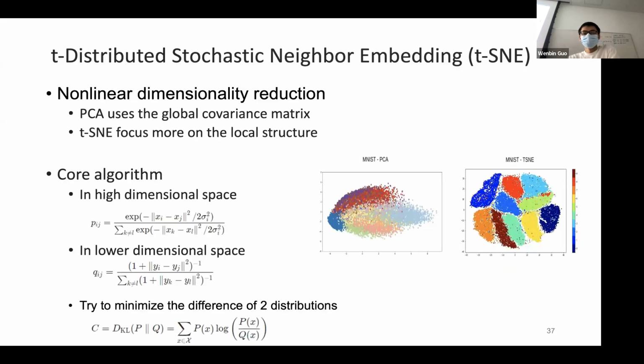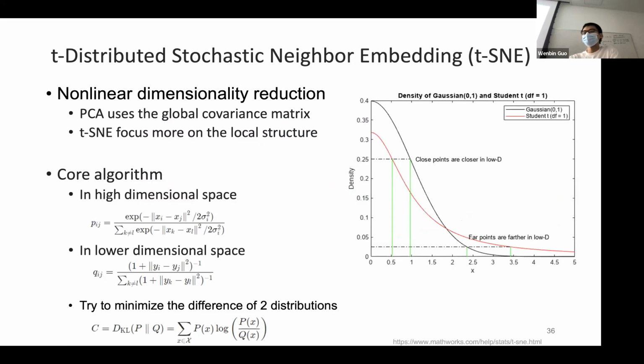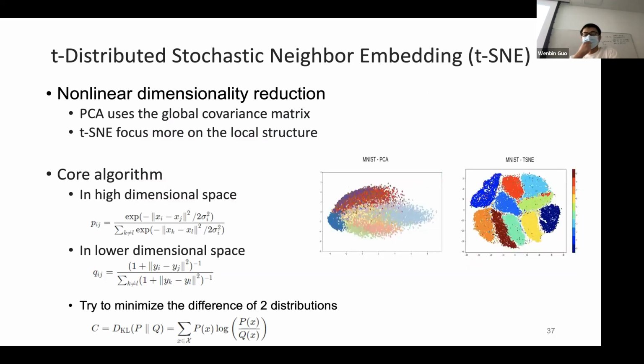So these two methods, PCA is a very classic statistical method, and t-SNE was invented maybe in 2008, almost 15 years ago, and it has received a lot of criticism.